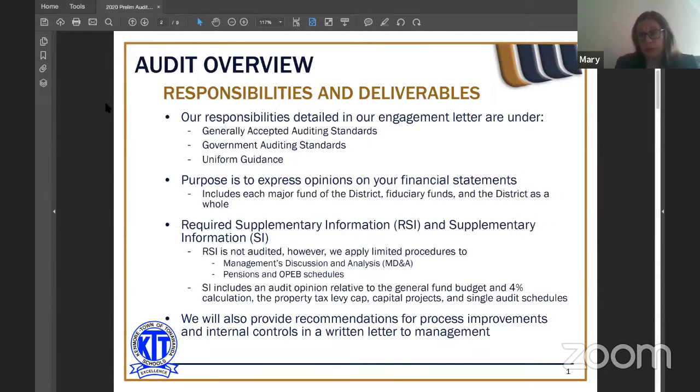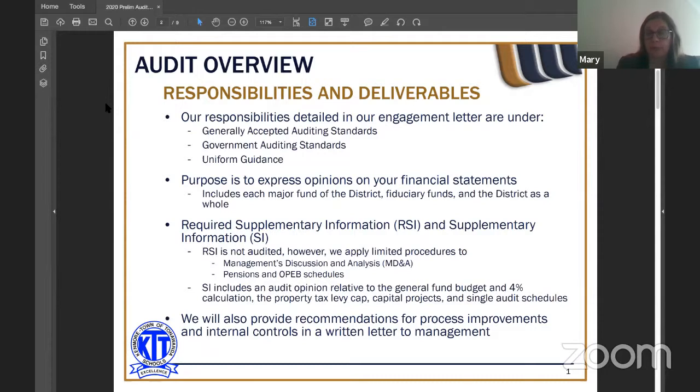There is required supplementary information and supplementary information. The required supplementary information isn't audited, but we do perform limited procedures on the management's discussion and analysis and the pension and OPEB schedules that are in your financial statements.